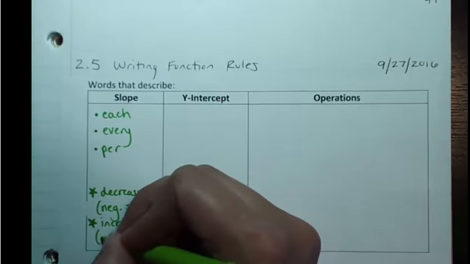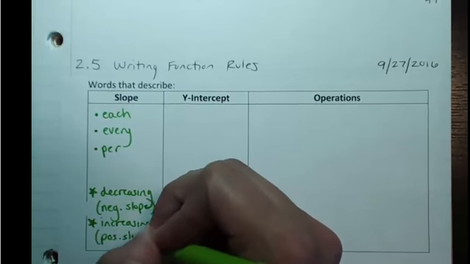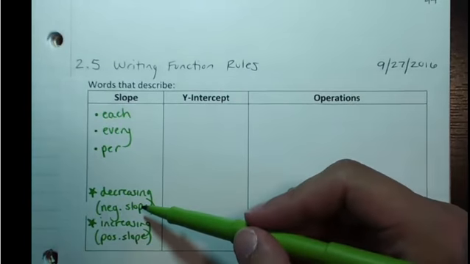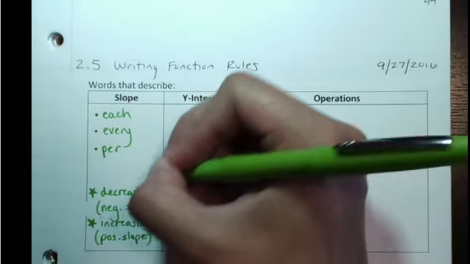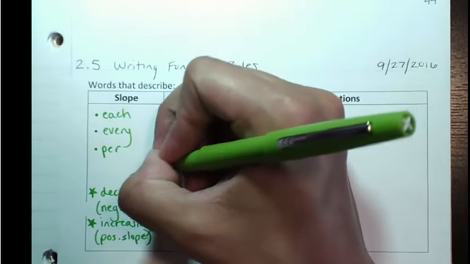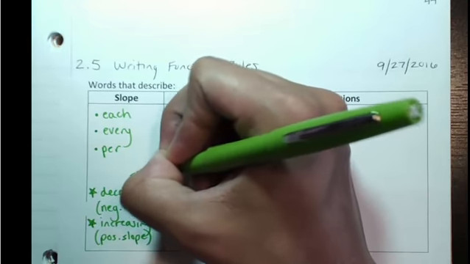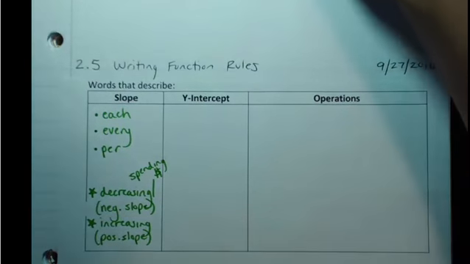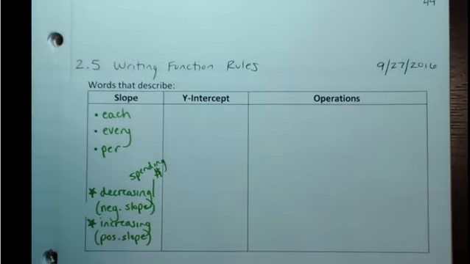Okay, increasing would be a positive slope. If we were spending money, okay, I'm going to put that also here, spending money, then that would be considered a negative slope. If I keep spending money, it's going to be taking it out of my bank account, which means my bank account total will be going down.